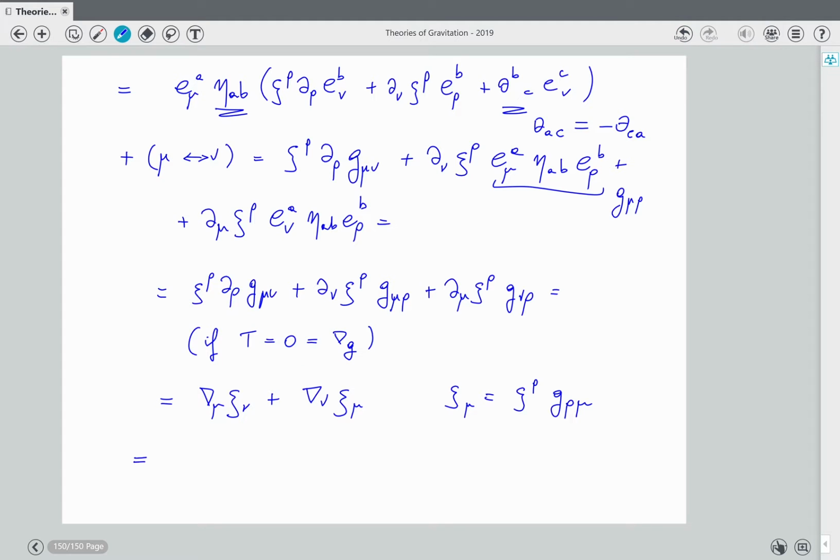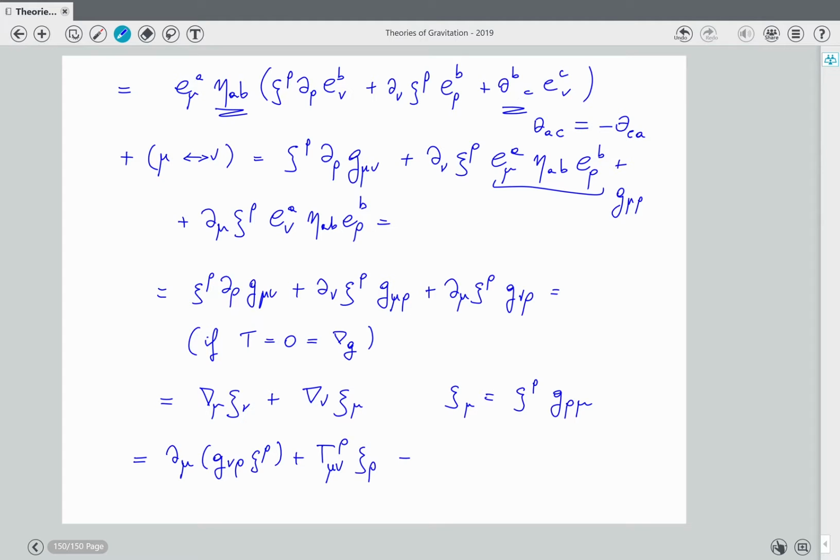Why? Because let's just write this explicitly and check that it coincides under those assumptions with what we get up there. So this is partial mu g nu rho psi rho. Then there are Christoffel symbols, and you get this.